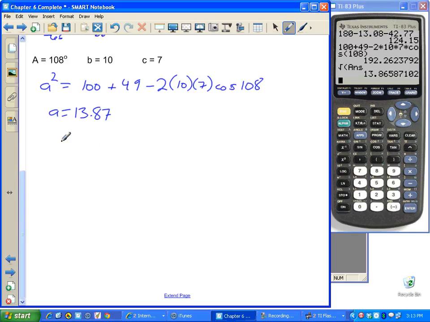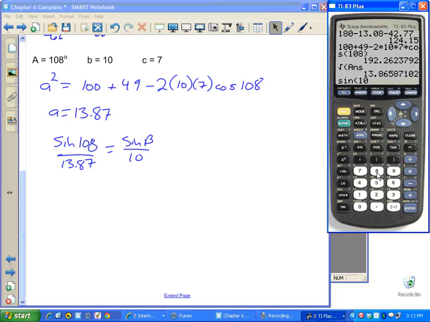A equals 13.87. And now I can go back to using the law of sines. Sine of 108 over 13.87 equals the sine of B over 10. I'm going to take sine of 108 times 10 divided by my answer for A. That's what the sine of B is. I can sine inverse that.